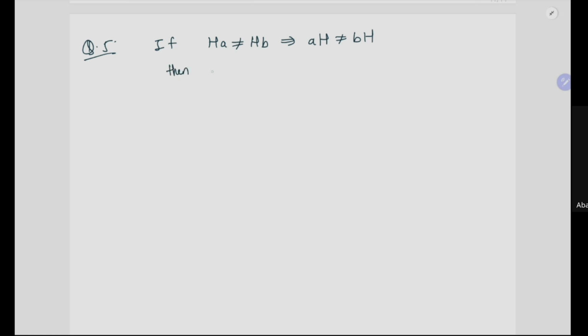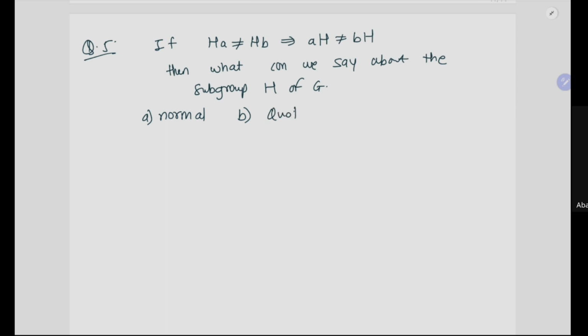Then what can we say about the subgroup H of G? Whether it is normal, its quotient is cyclic, or it is the group.